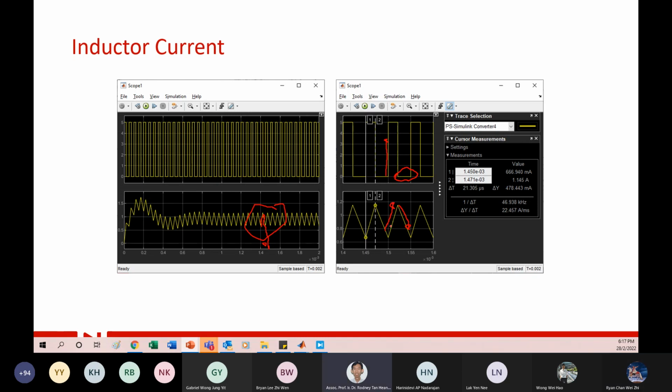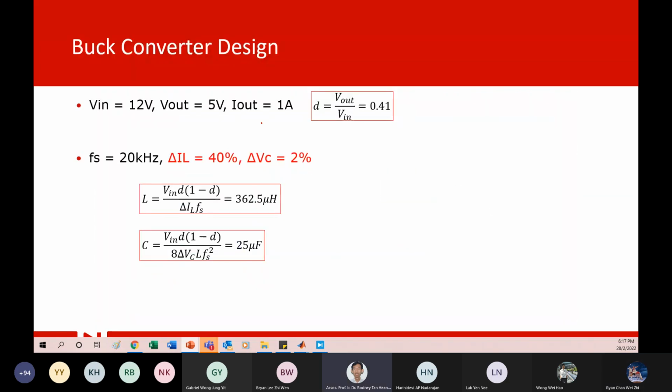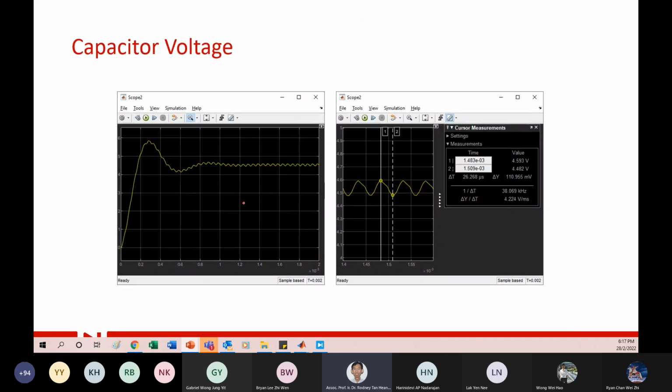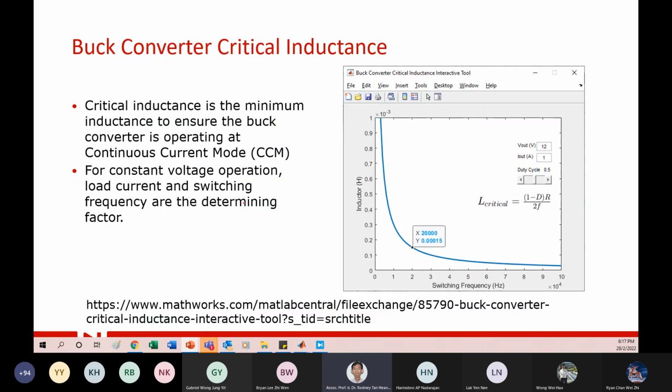So when you design, you get this value. You can either straight away put it into a simulation and run it to see for yourself, or you can quickly use this equation to verify your critical inductance.